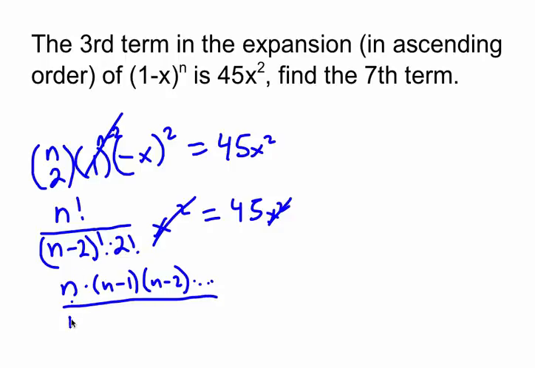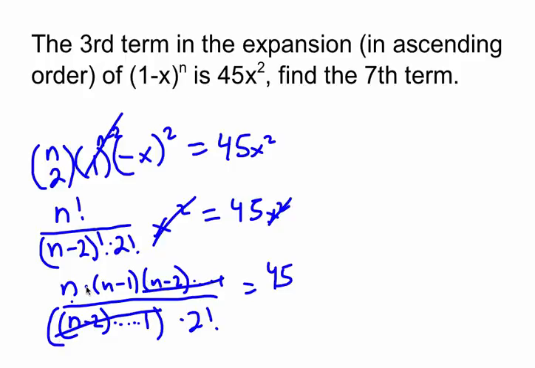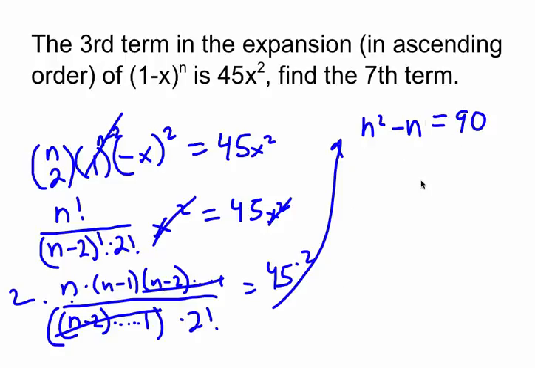And (n minus 2) factorial is n minus 2 and so forth all the way down to 1. Okay, and then we've got a 2 factorial here. So the (n minus 2) factorial cancels with (n minus 2) factorial, and we're left with n times n minus 1 here. So n times n minus 1, we're going to get n squared minus n. And 2 factorial is just 2, so I'm going to multiply both sides by 2 and get 90 over here.